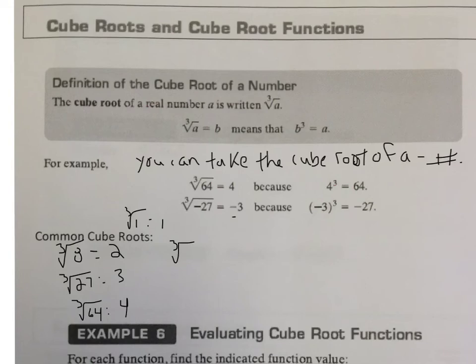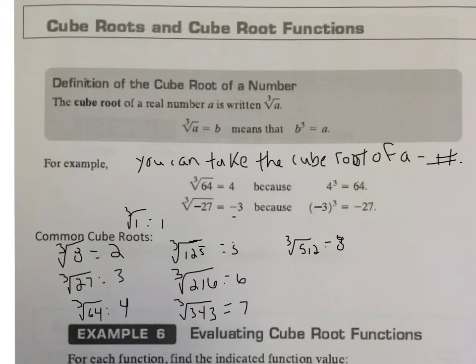The cube root of 125, that's 5. The cube root of 216 is 6. The cube root of 343 is 7. The cube root of 512 is 8.